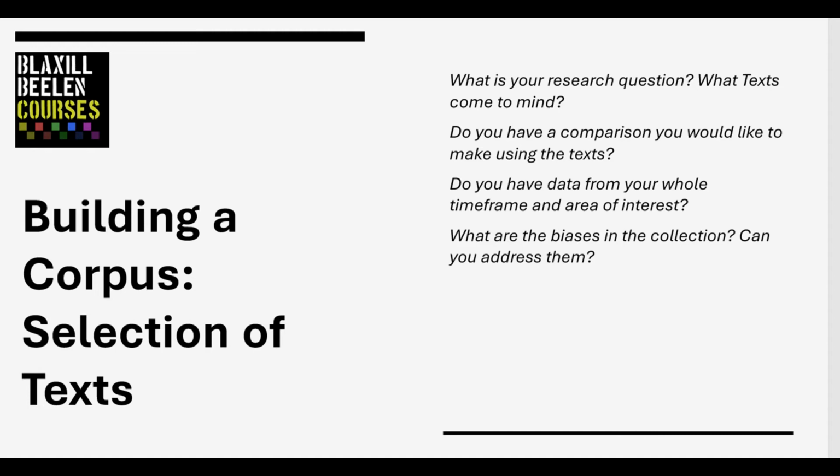Now, this selection stage is the blue skies part of building a corpus. We really have to ask ourselves whether there is textual data for the whole of the area of interest that we are interested in. For example, is there text that represents the whole of a historical time frame, for example, 30 years? Is there textual data that represents the whole of a geography of interest, the whole of a group of interest?